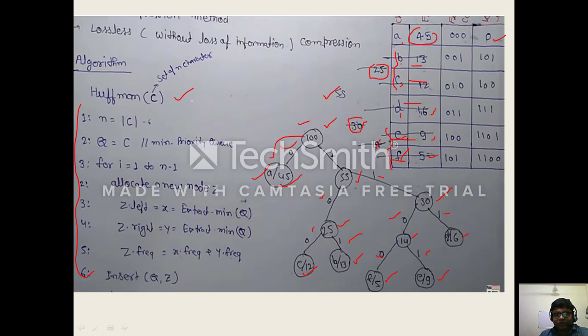Node B is here: we start from here, 1, 0 and 1. C is here, so 1, 0, 0. D is here, so 1, 1, 1. E is here, 1101. F is here, 1100.